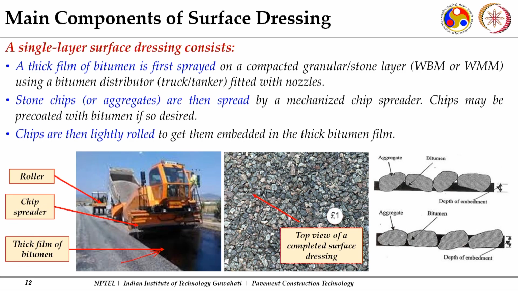We will discuss prime coat and tack coat at a later stage. At this moment, you can just say I will put a thin layer of bitumen over a granular course so as to seal the voids. That makes the surface ready to take up a bituminous layer. So if it is a granular course, I will put a prime coat and then go for construction of the surface dressing.